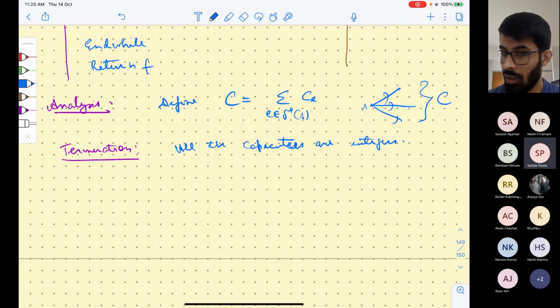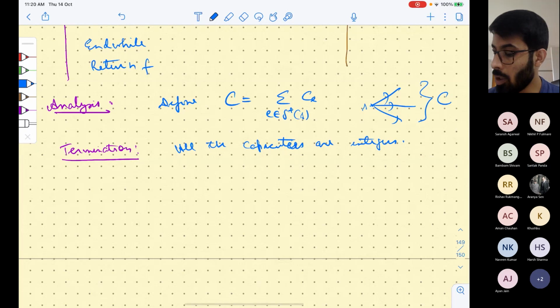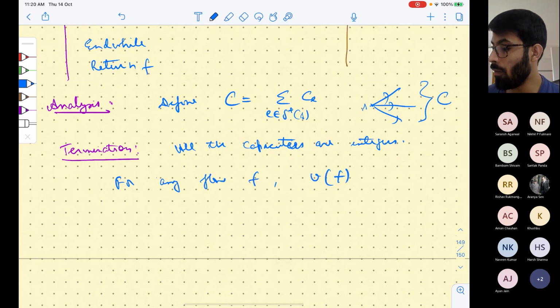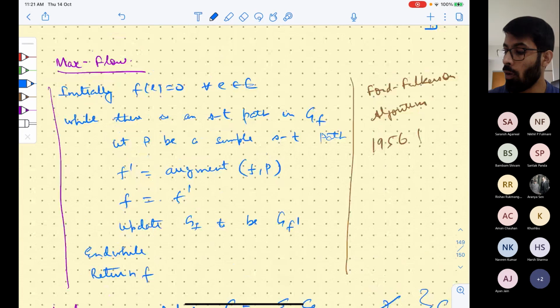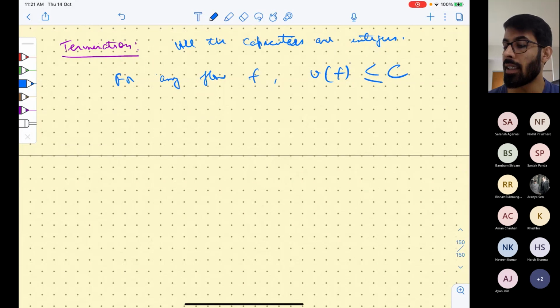The maximum flow is bounded by C. Okay, good. So let's say that for any flow F, the value of F is less than or equal to C. That is good. We start with the trivial flow, which is 0. Everything is 0.